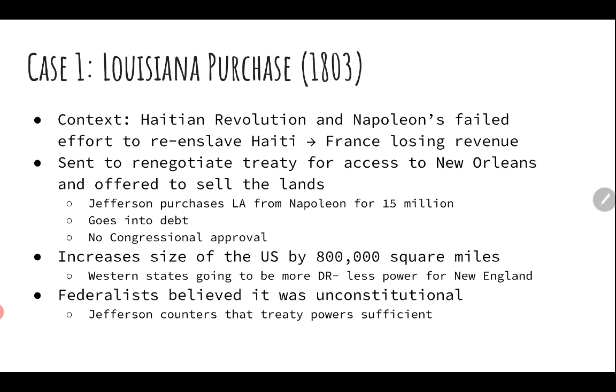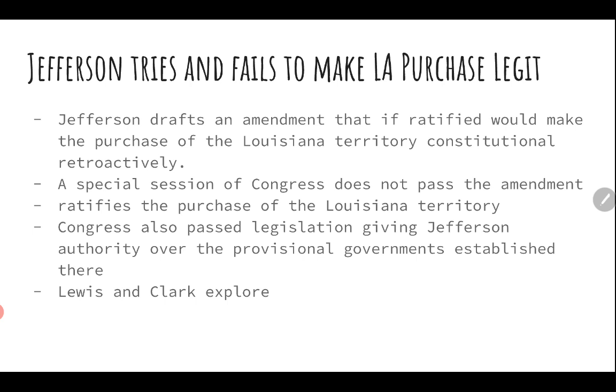But this is where it starts to flip because the Federalists are the ones who say, hey, this is unconstitutional. And Jefferson says, well, I've got treaty powers, I can do this. So Jefferson tries to make it legit and it ends up passing in the end. And people are glad that we have doubling the nation. I mean, why would you give up that?